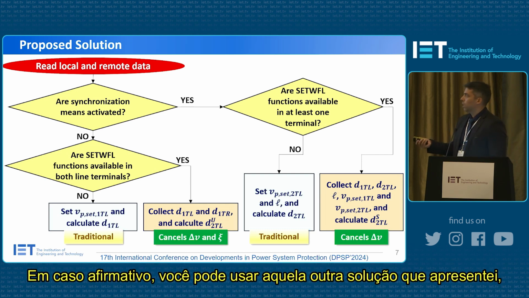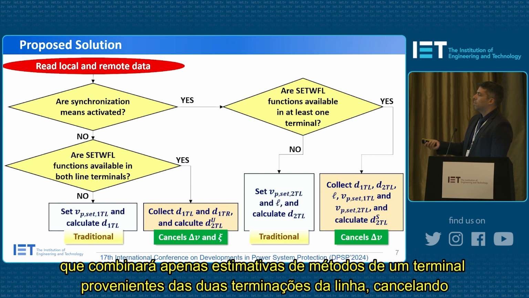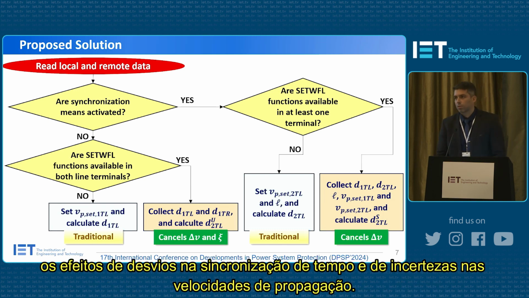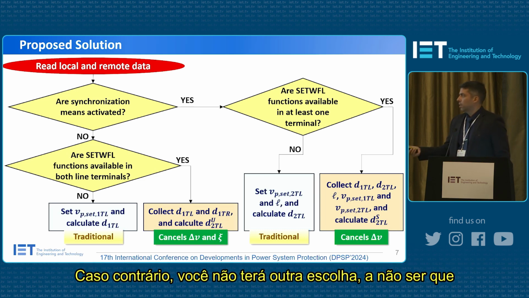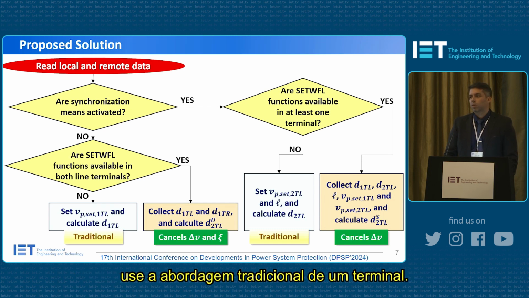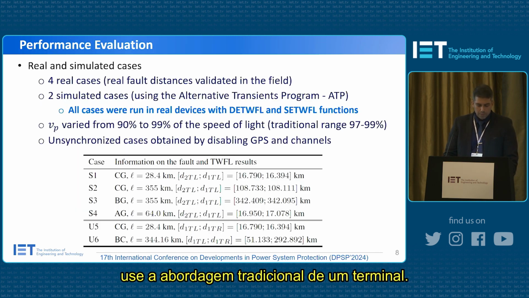If so, you can use that other solution that I presented, which combines only single-ended methods at both line ends, canceling the effects of time synchronization errors and also of propagation velocities. Otherwise, you will have no other choice but the traditional single-ended approach.